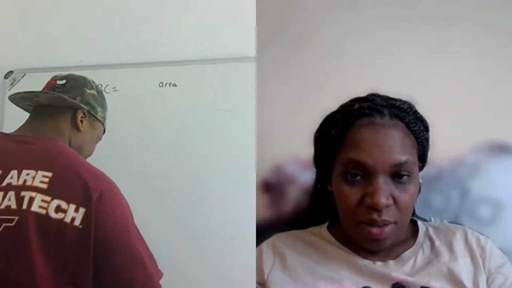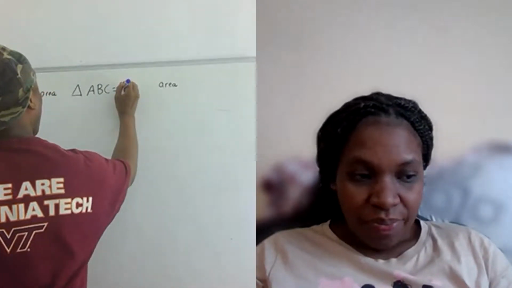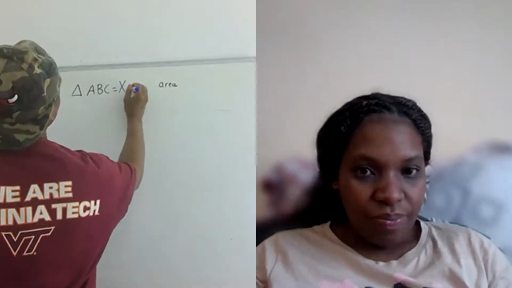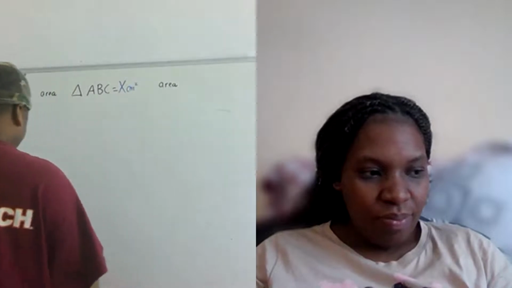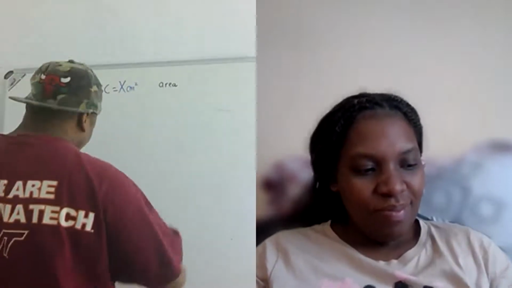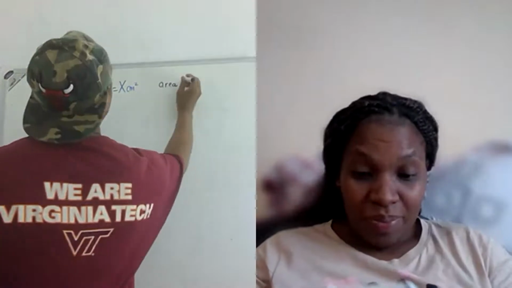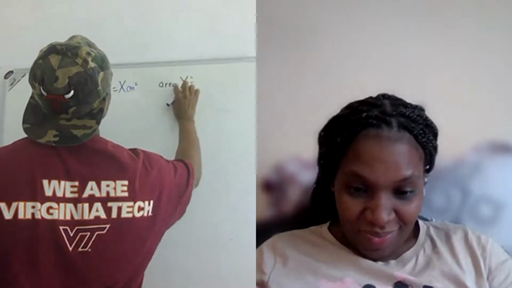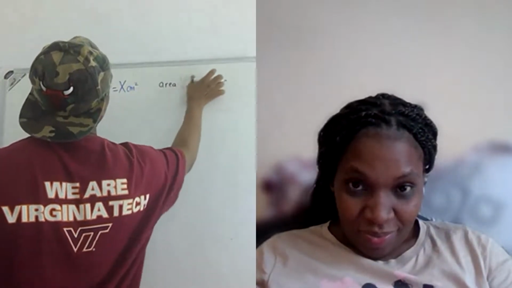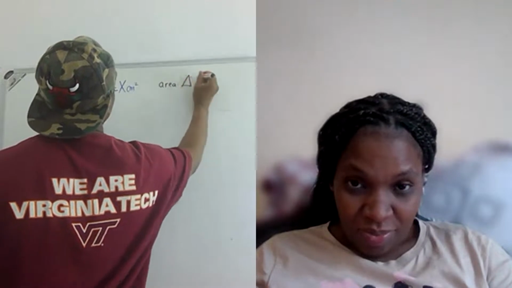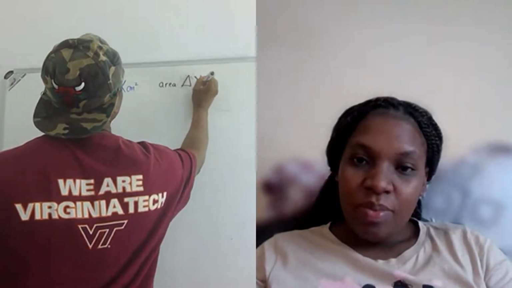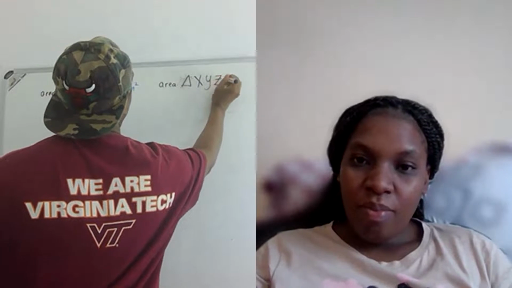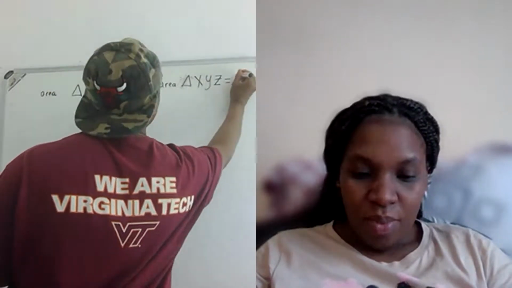S centimeter square, that's all it says. And the area of a triangle XYZ equal to what? Y.